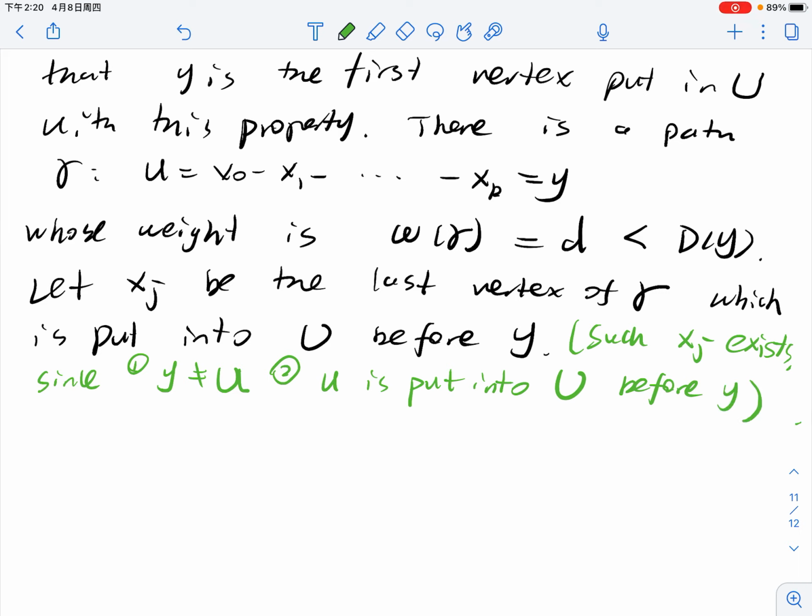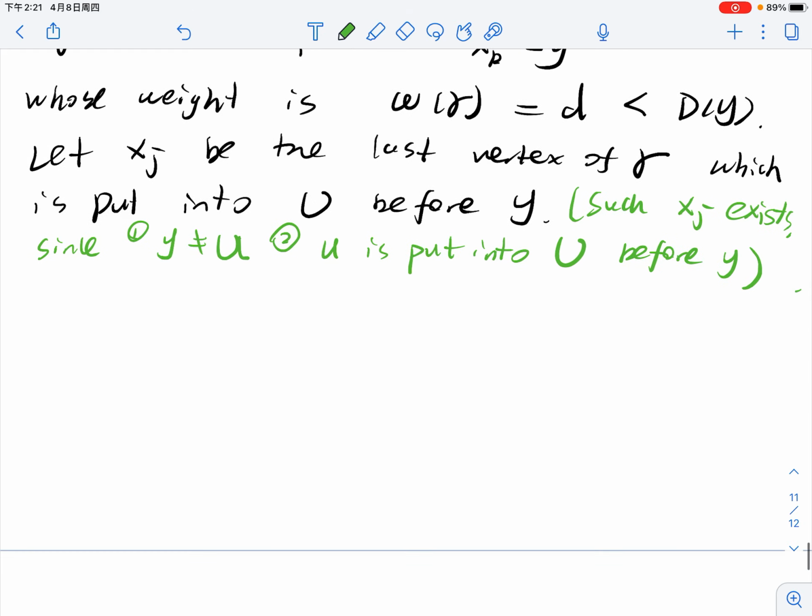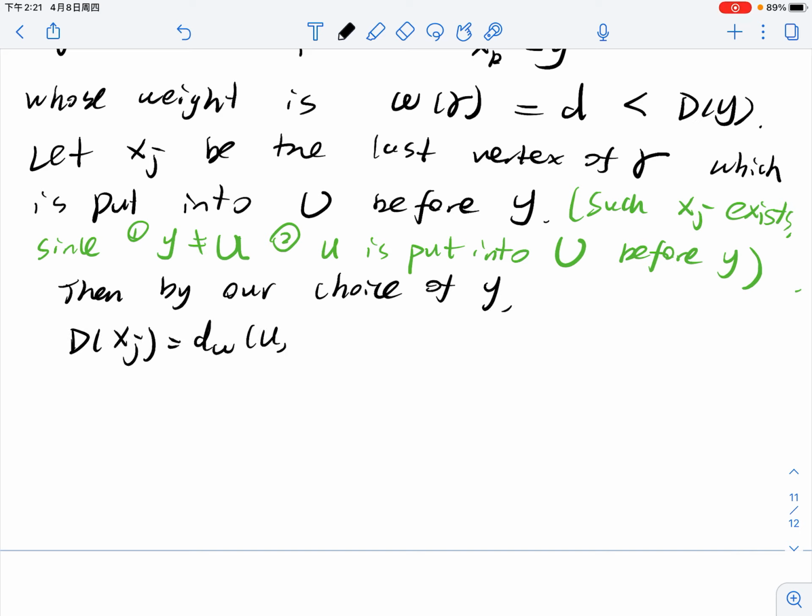So the set of all the vertices put in before y is non-empty, and you can talk about the largest one. This step is non-trivial. Then by our choice, d_{x_j} is d_omega(u,x_j).